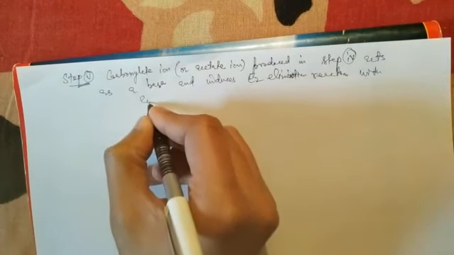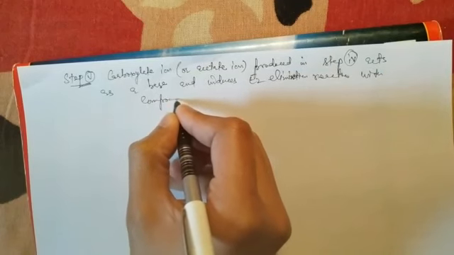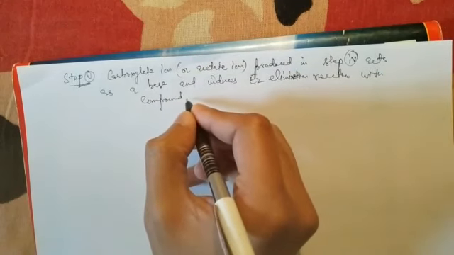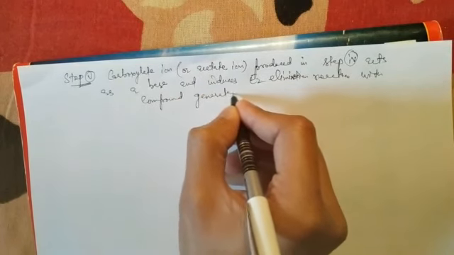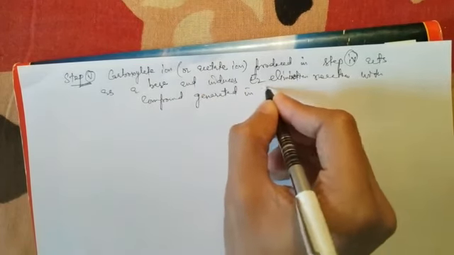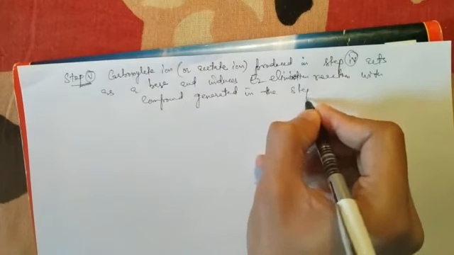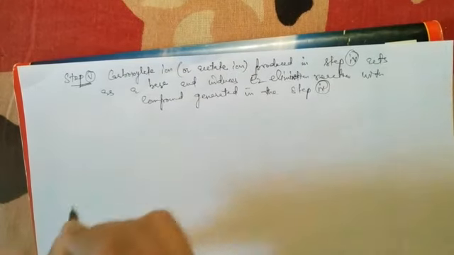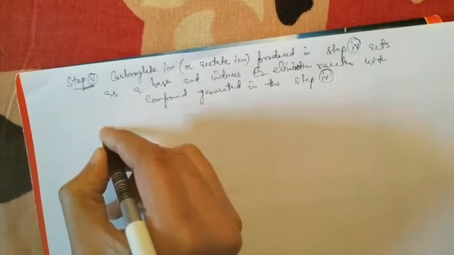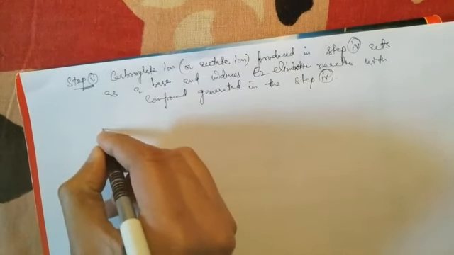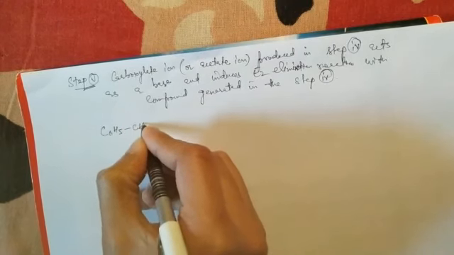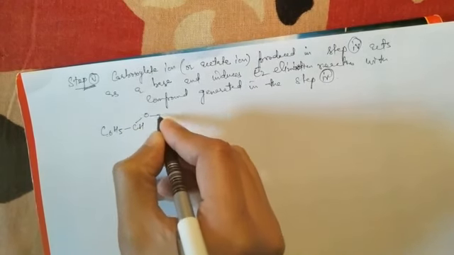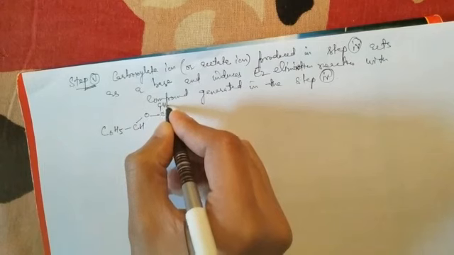This is with the compound that we have got in step 4, generated in step 4. Now we can show this as the compound which was formed in step 4.